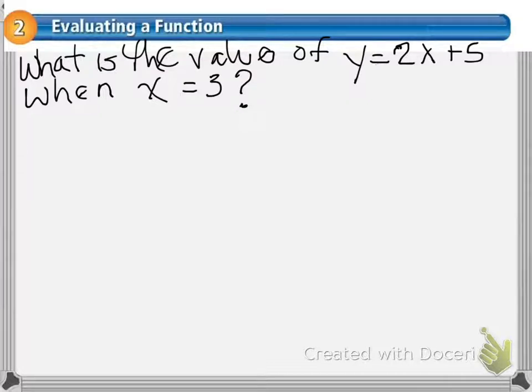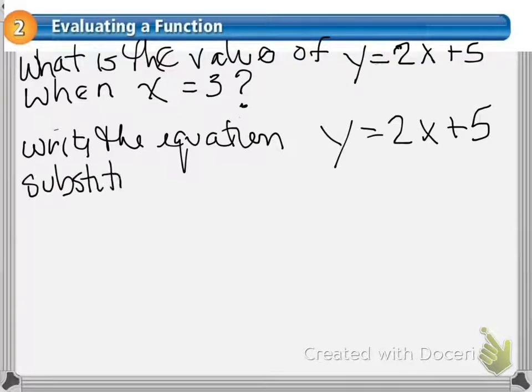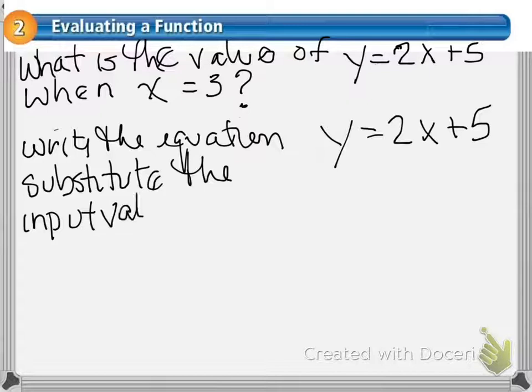First we write the equation. So I'm going to write the equation y equals 2x plus 5. And then I'm going to substitute the input value of 3.